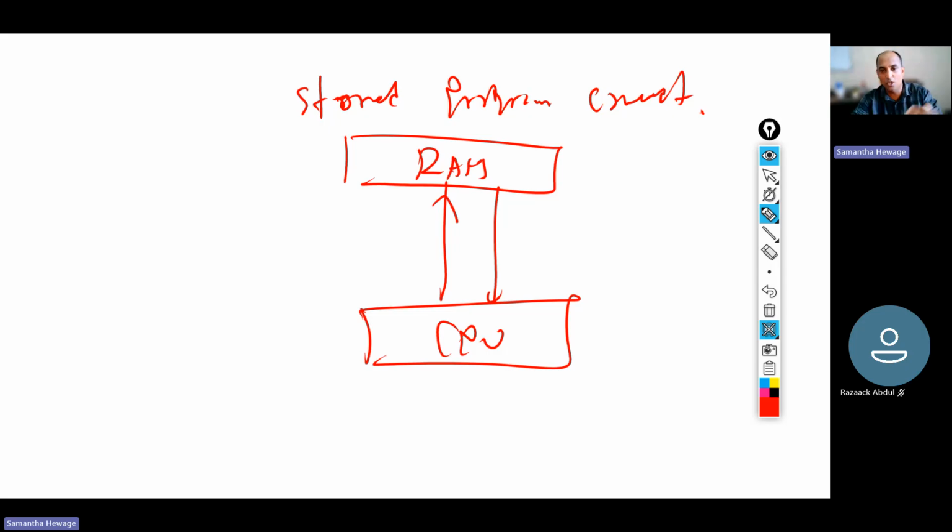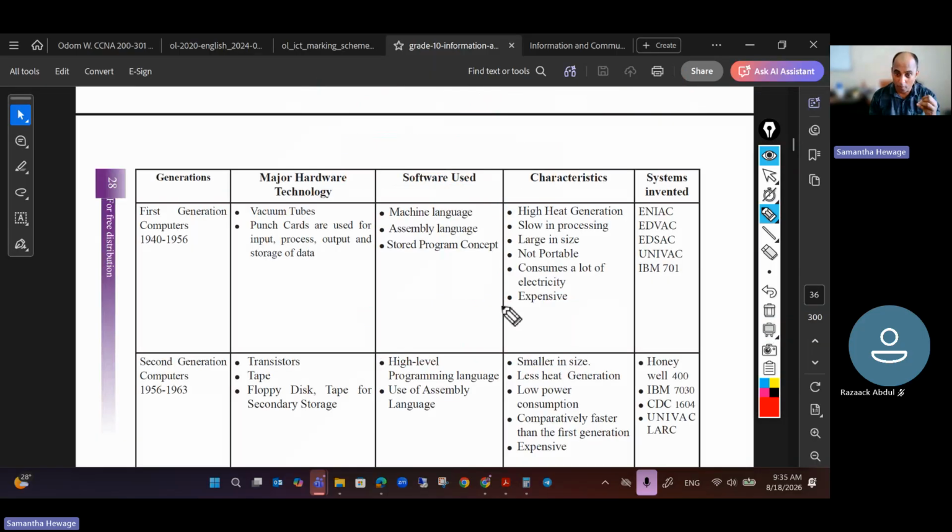After introducing the von Neumann architecture, every vendor implemented this in their computer systems when making hardware components like the CPU and the RAM, the circuit board, the motherboard. So you have to remember this von Neumann architecture, or the stored program concept, introducing the first generation.